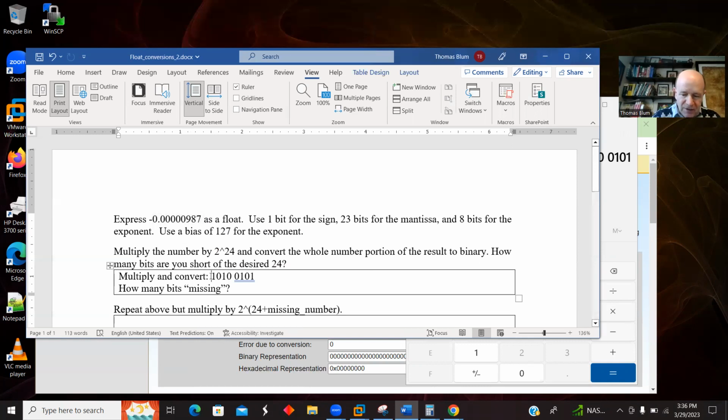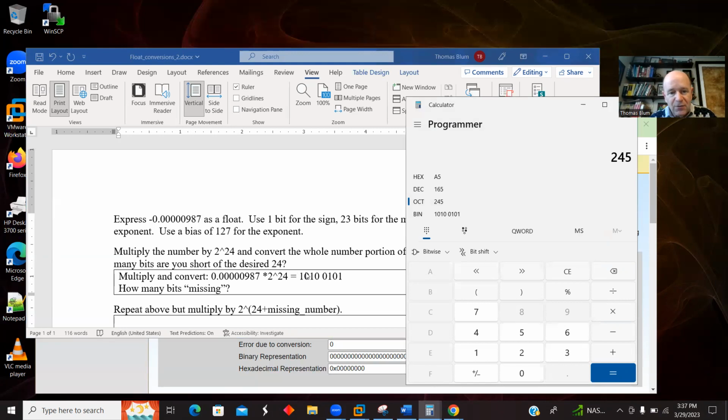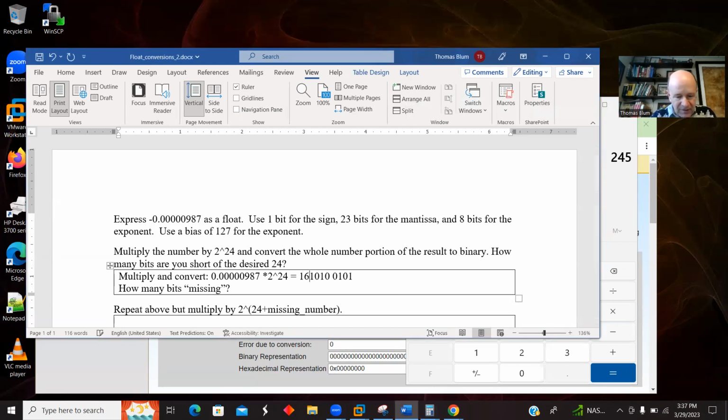Here, I multiplied that, Control V, times 2 raised to the 24, and that gave me 165 point, I'll just say XXX, and that then converted to this, and it used 8 bits. And I was expecting 24, so I am missing 16 bits.